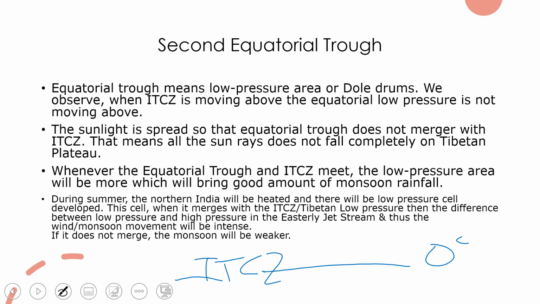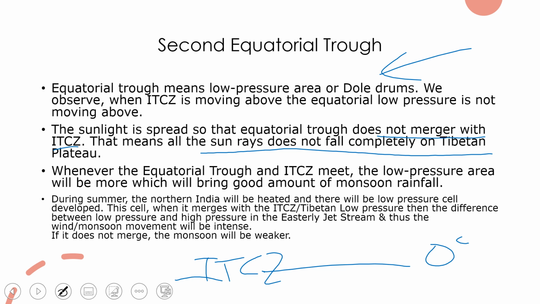So the sunlight is spread so that the equatorial trough does not merge with the ITCZ. That means all the sun rays do not fall completely on the Tibetan plateau. Some of the sun rays also fall on the Indian plateau. That is what it is trying to mention, that the Indian region will also be heated.